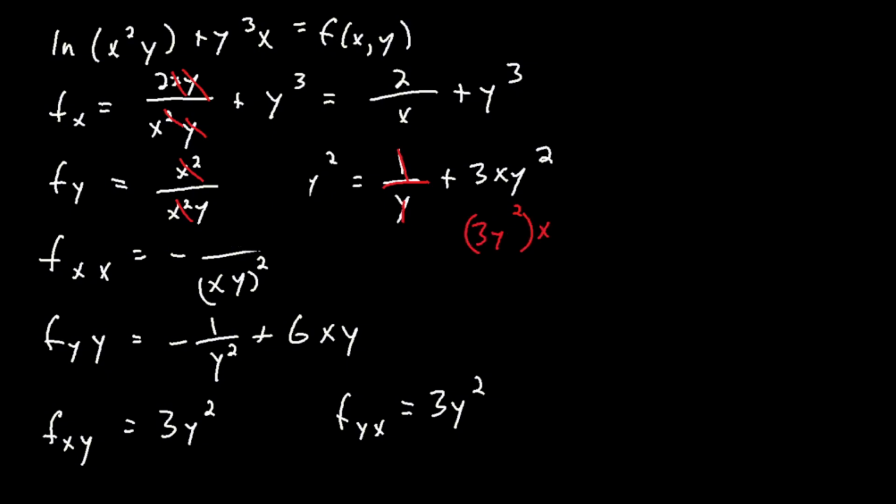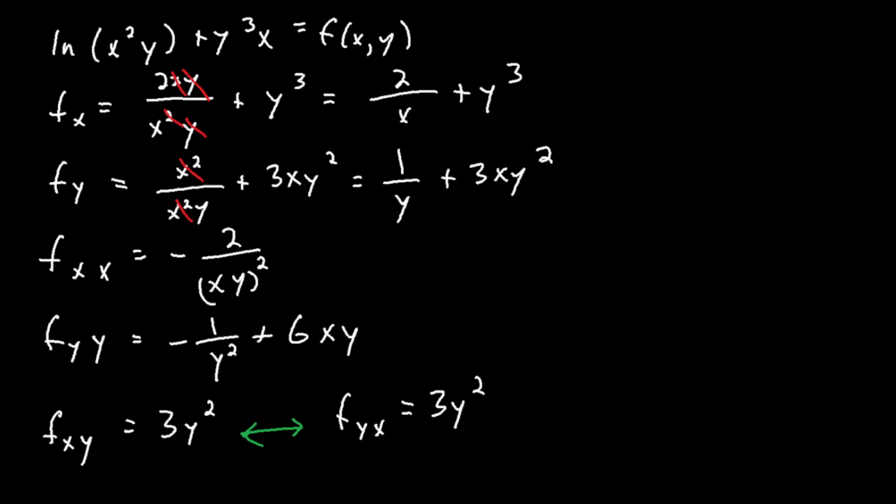Whenever you derive a function with a first order exponent, then the coefficient is the only thing that's left over. So notice this. These two, f of xy and yx, look the same.